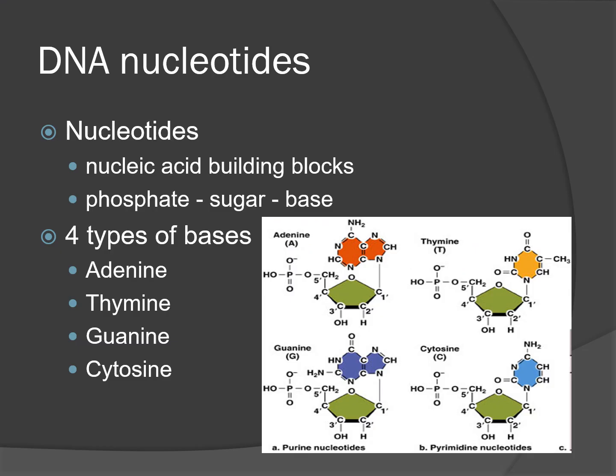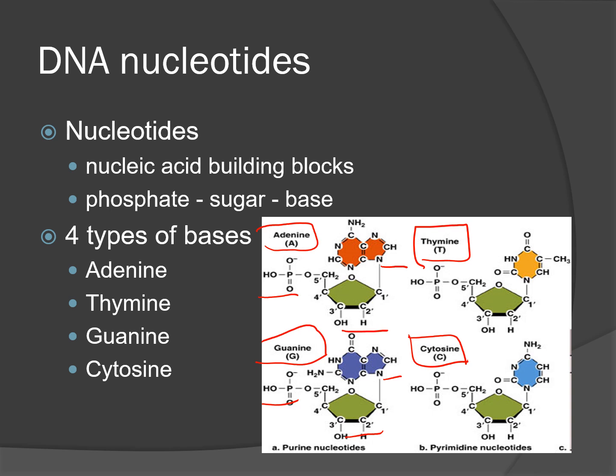So again, these are the 4 bases: adenine, thymine, guanine, and cytosine. So A, T, G, C. And so for every nucleotide, you have a phosphate, a sugar, and a base.